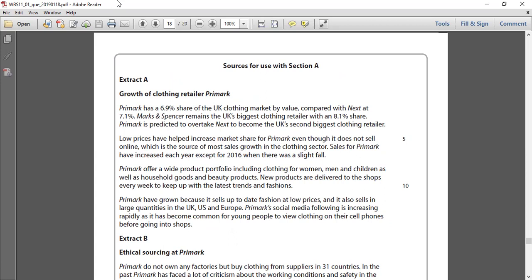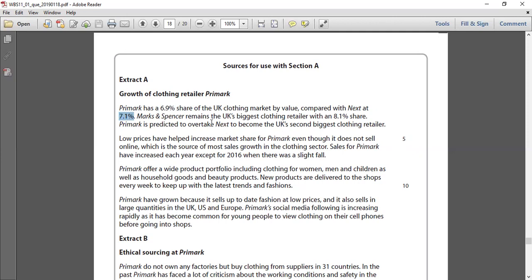In this case study, you can see the retailer Primark has a 6.9% share in the UK clothing market by value. So definitely you should highlight 6.9% share of the UK market value. Compared to Next at 7.1%, Marks and Spencer remain the UK's biggest clothing retailer.